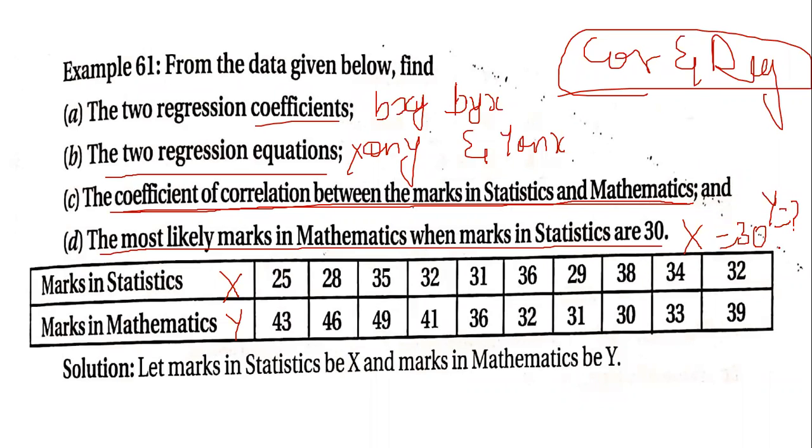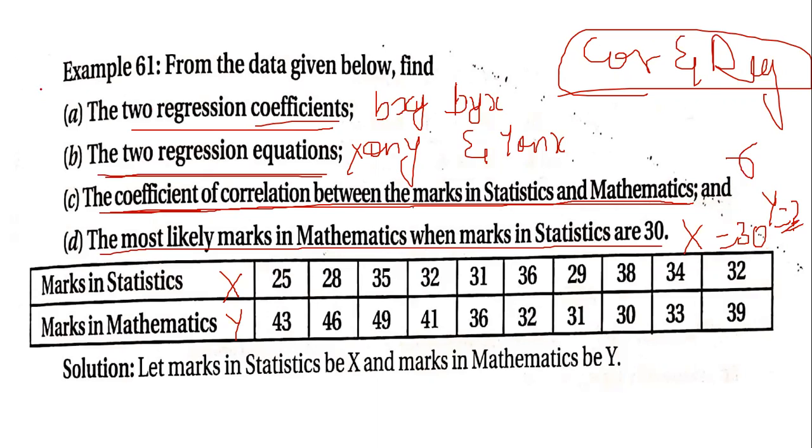So did you understand the question? First of all, you have to calculate the regression coefficients bxy and byx. You have to calculate the regression equations, that is x on y and y on x. And then you also have to calculate the correlation coefficient, that is nothing but r. Then they have given us the value of x to be 30 and we have to find the value of y.